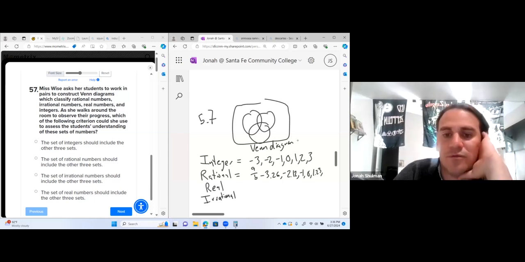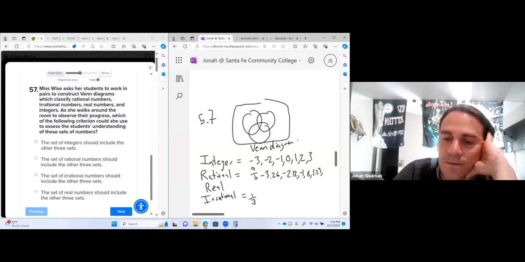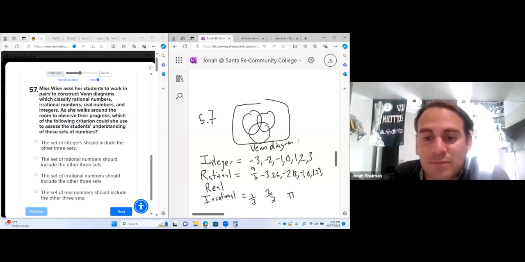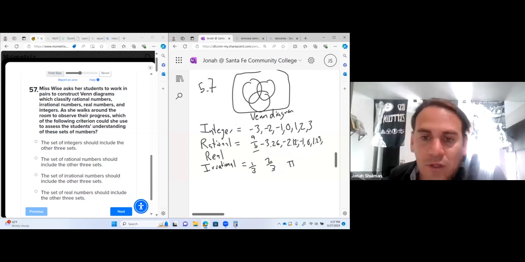See how they stop? Irrational is like 1/3, 2/3, pi. Basically it just keeps going on forever. They don't stop. So irrational, don't stop.